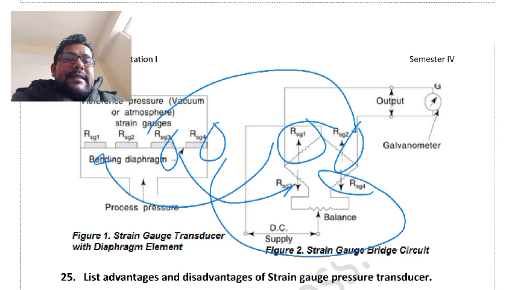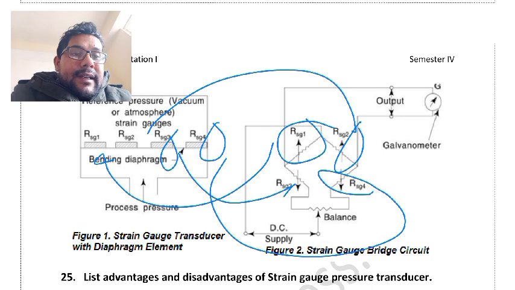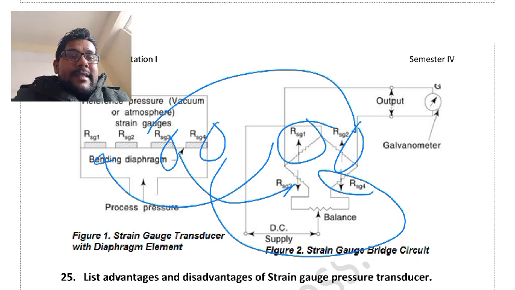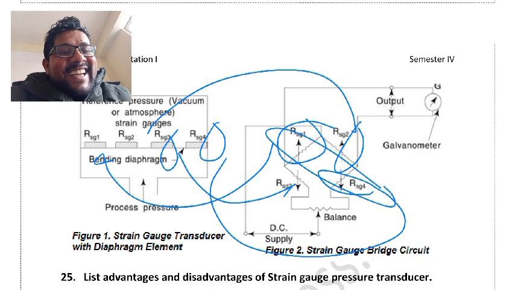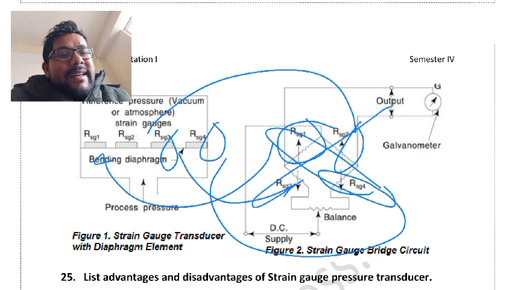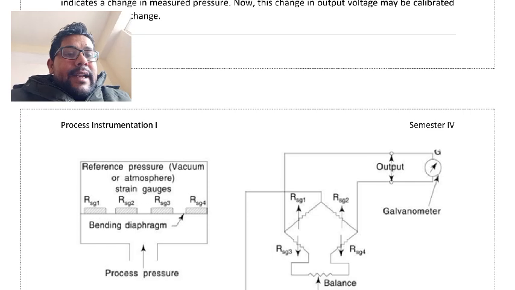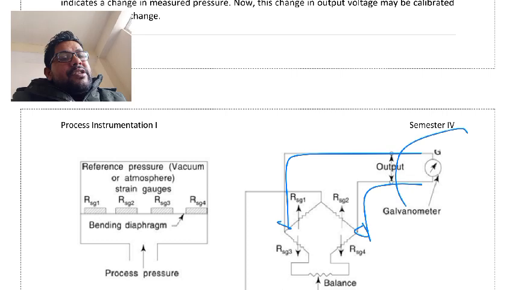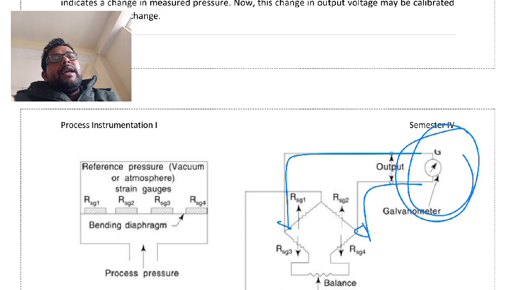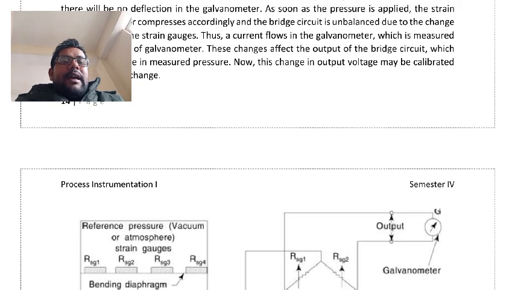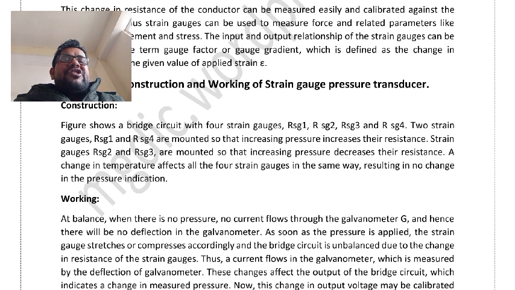In this way, we can see that the increasing resistances are connected in opposite arms, and the decreasing ones are likewise connected in opposite arms. A galvanometer is connected here. During the balanced condition there is no current flow through the galvanometer. If the bridge is not balanced, then current will flow through the galvanometer.